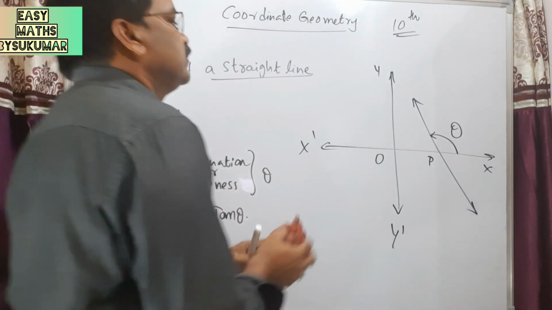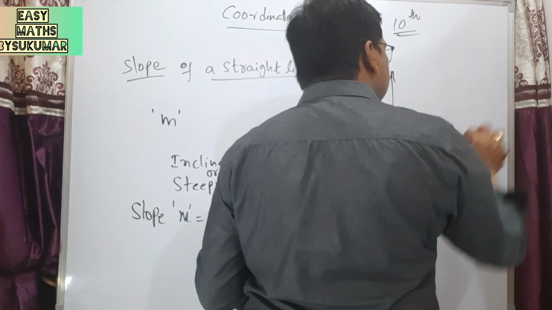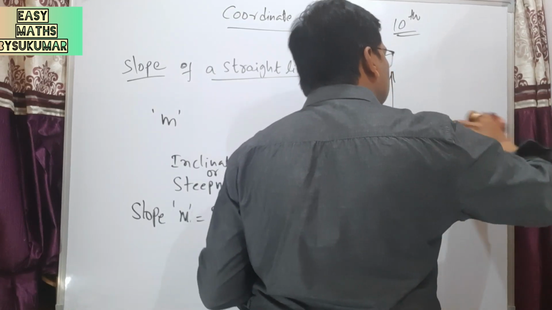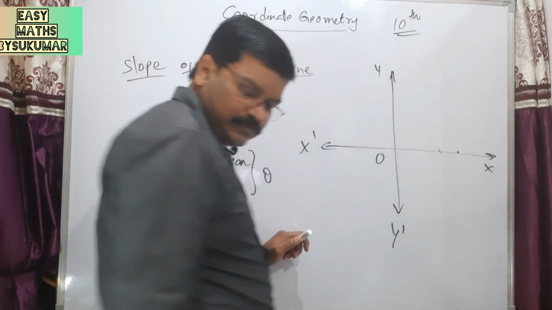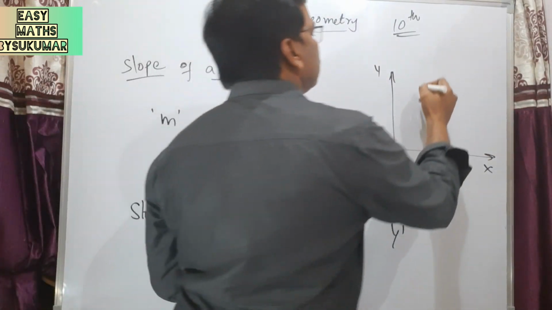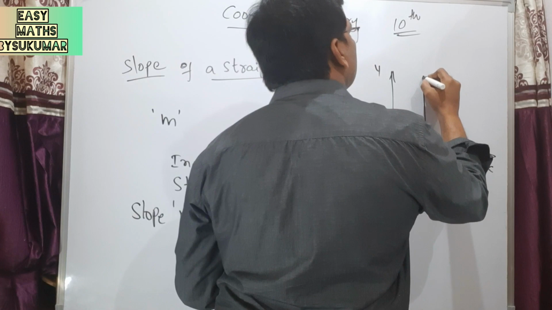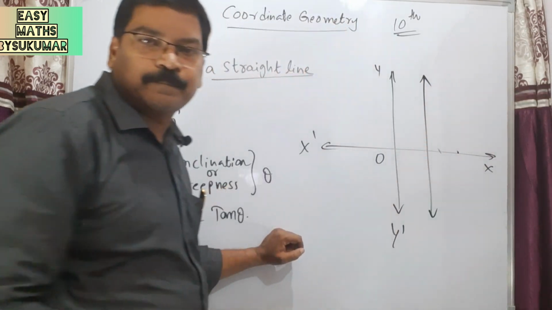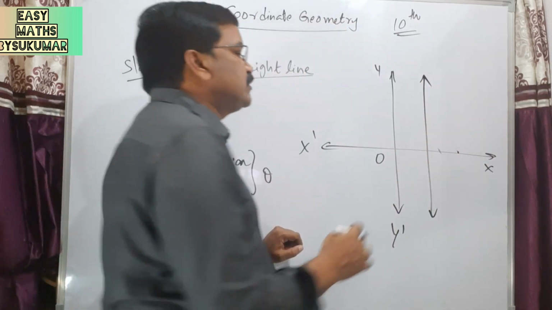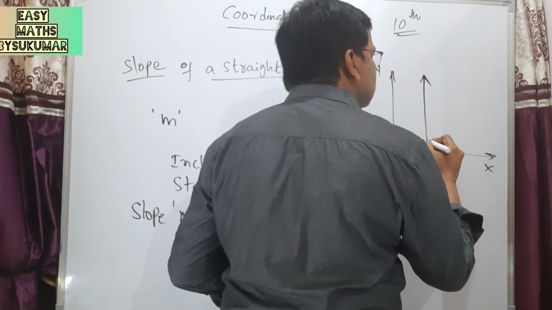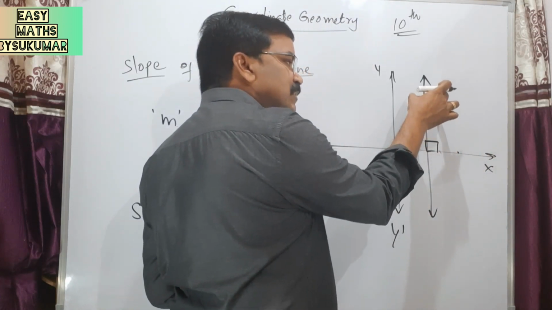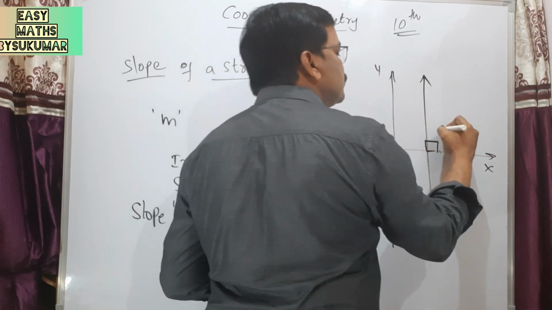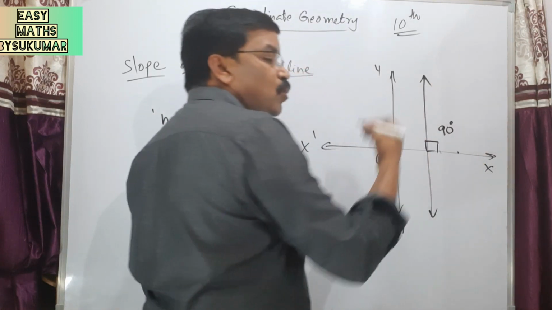See my dear students, suppose this straight line is perpendicular to the x-axis. That means the angle between the x-axis and this straight line is 90 degrees in an anti-clockwise direction.